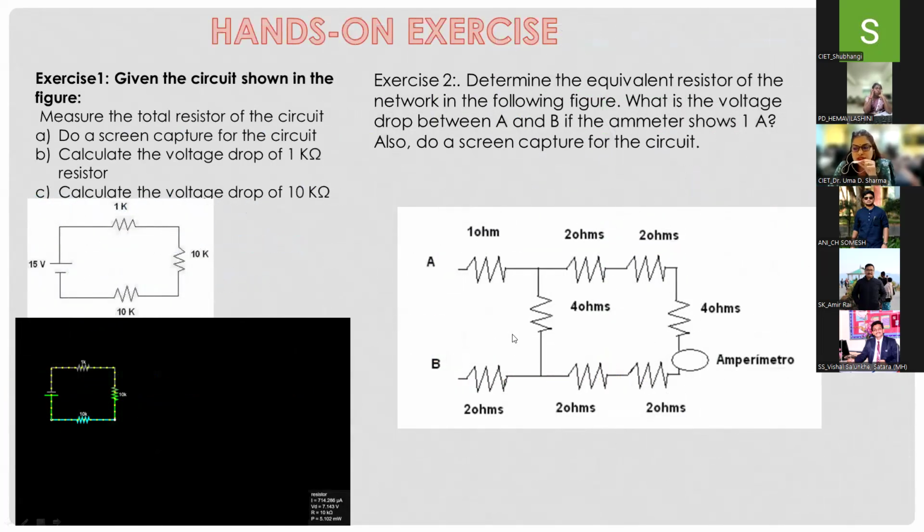Now this is a small assignment for you. Simply draw this kind of circuit at home, do a screen capture of it, and you can share it in the WhatsApp group or here, no problem. And this is the second one: use an ammeter to see what current is flowing in this part.